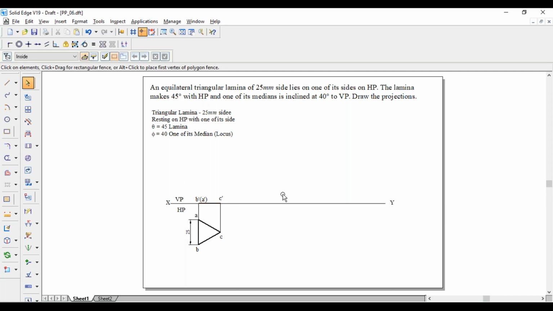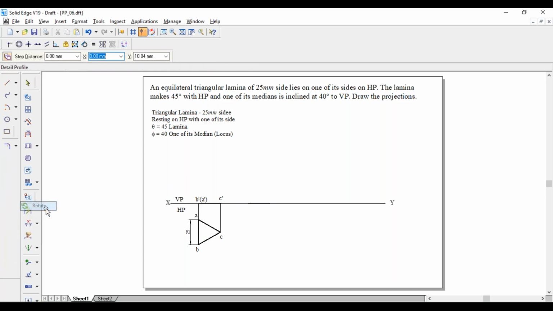Coming to the second one, the lamina is making an angle of 45 degree with respect to HP, that is theta is equal to 45 degree. So draw a line of this much length, that is B dash C dash length, making an angle of 45 degree. The angle for this line should be 45 degree.